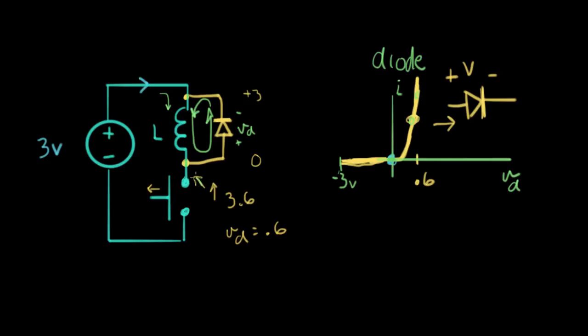The highest voltage this will get to is whatever voltage it climbs to on this diode curve here, which is going to be between 0.6 and 0.8 volts. So the highest this is going to get is 3.6 to 3.8 volts. And typically a transistor down here will easily withstand this kind of a voltage on its terminals.